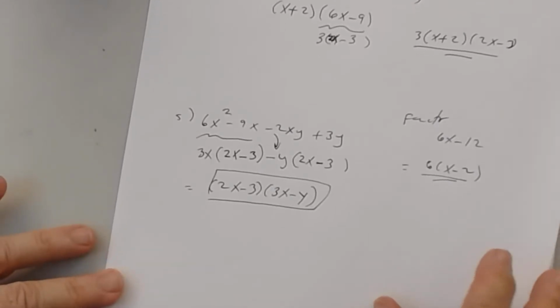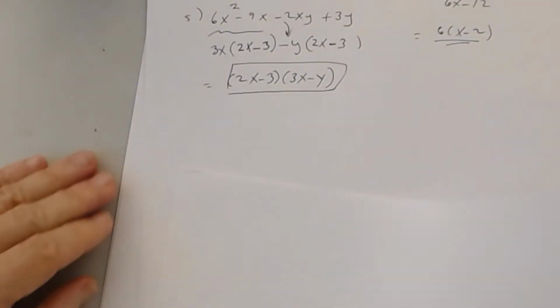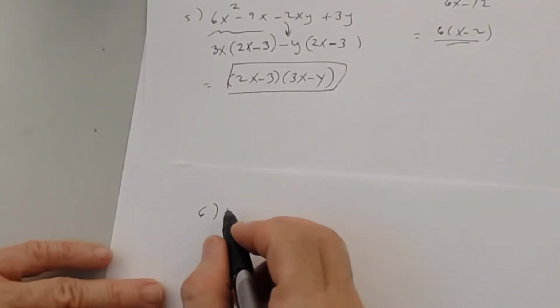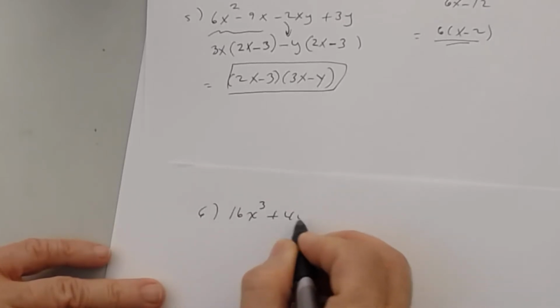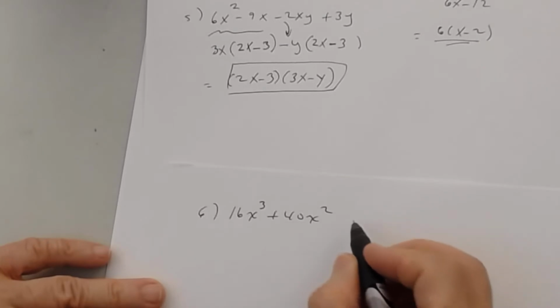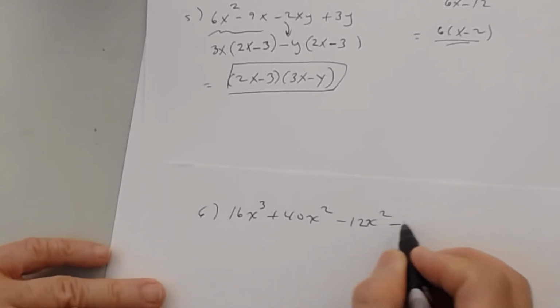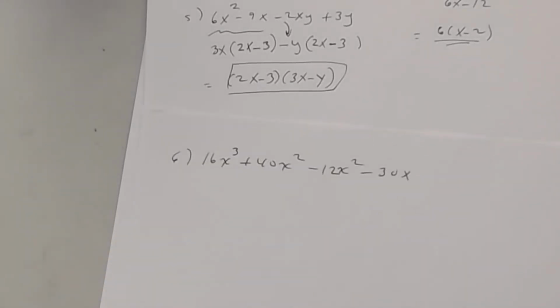Okay, let's look at number 6. Suppose you had 16x cubed plus 40x squared minus 12x squared minus 30x. So 16x cubed plus 40x squared minus 12x squared minus 30x.